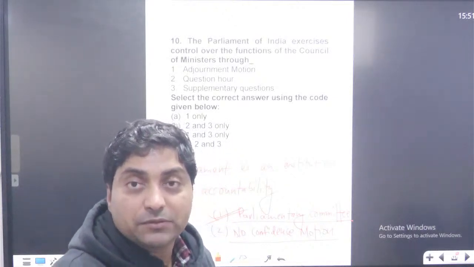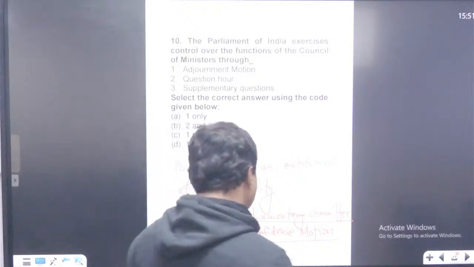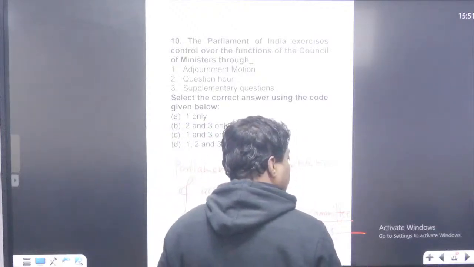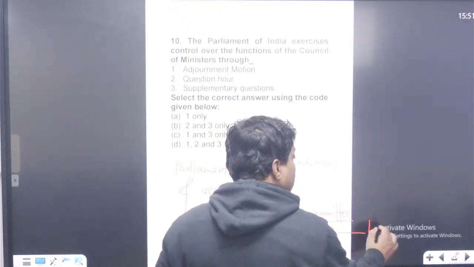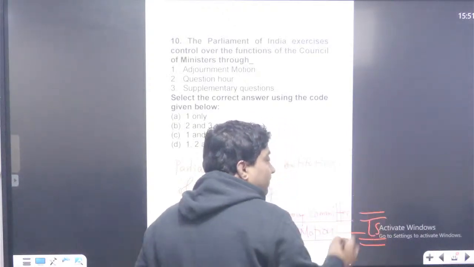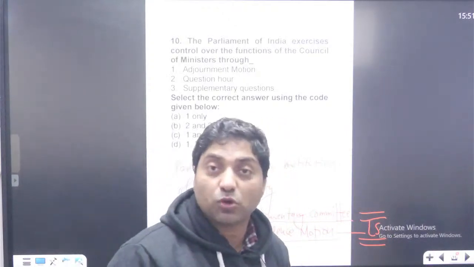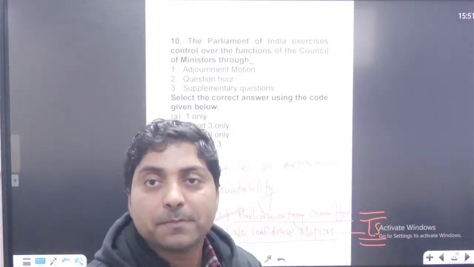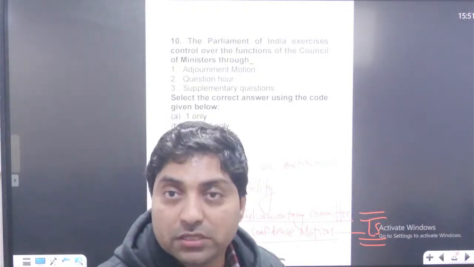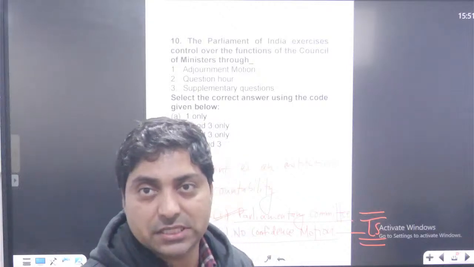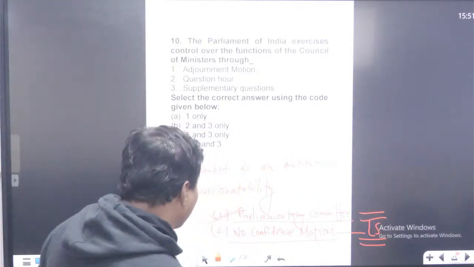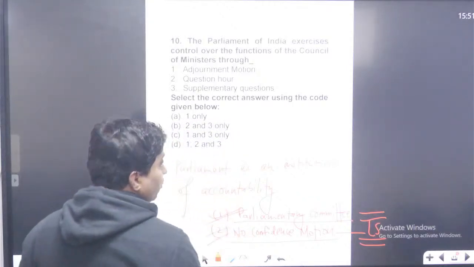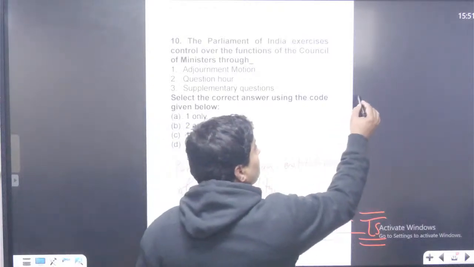You know that the no confidence motion cannot be introduced in the Rajya Sabha. It can be introduced in the Lok Sabha. If the Lok Sabha passes a no confidence motion, the government falls, the government collapses. So this is one. Second, now look at third. Third is the opposition.